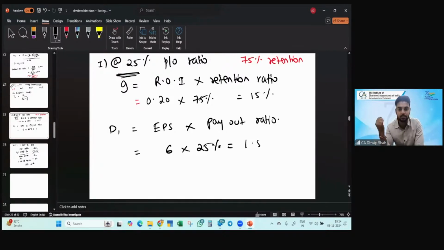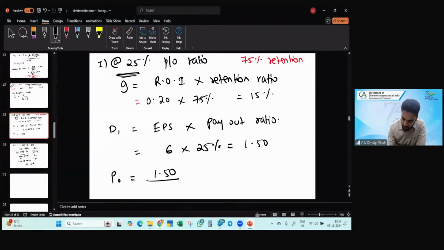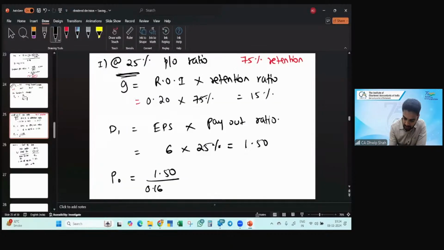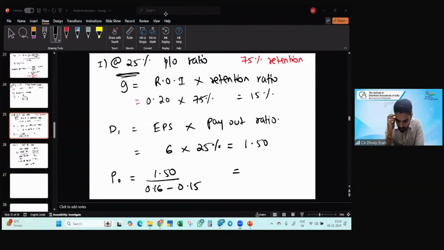Now I can simply substitute all the variables in the formula. So price is equal to 1.5. KE given in the question is 16%, means 0.16, and growth is 15%. Tell me, how much is the price? 150, correct.